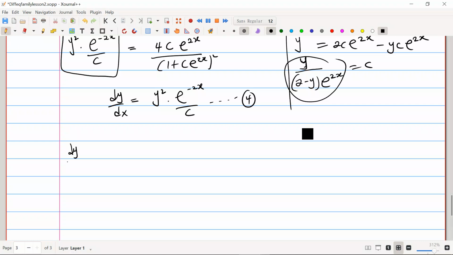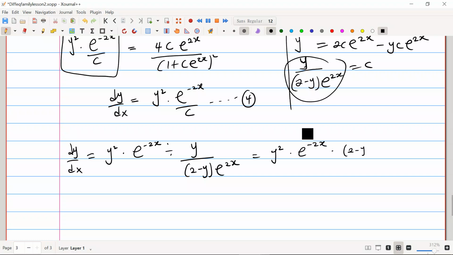So dy dx is equal to y squared times e to the negative 2x divided by c, which is y over 2 minus y e to the 2x. So in other words, doing division by a fraction, this is equal to y squared times e to the negative 2x times 2 minus y e to the 2x over y.